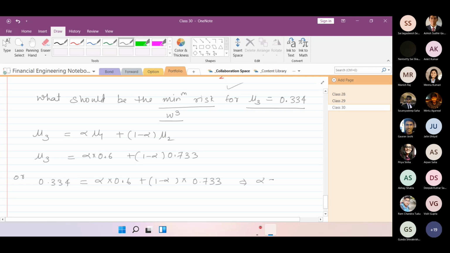What will be the value of alpha here? Please tell me, roughly around. Ashish, what is the value of alpha? One minute, sir, I'll calculate.